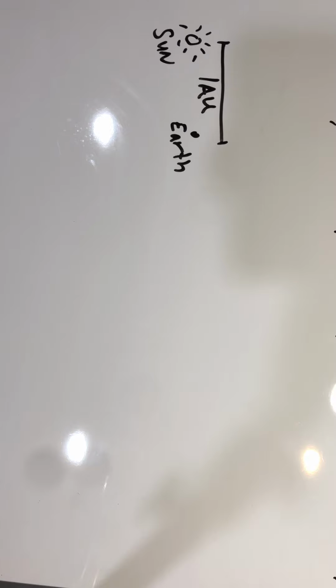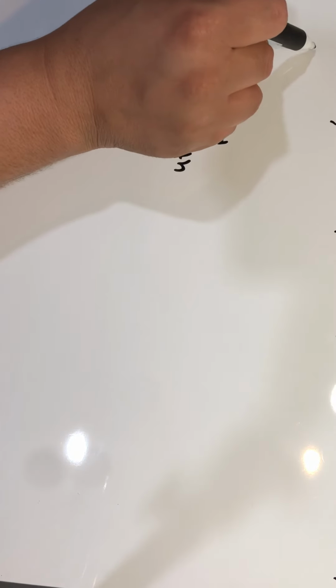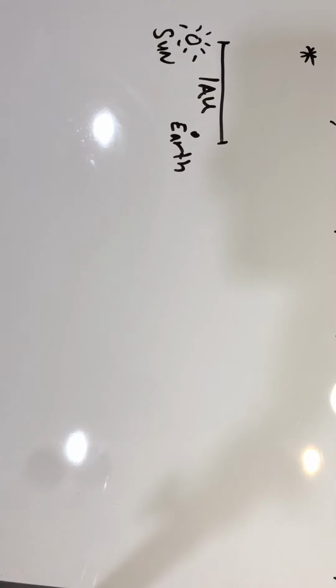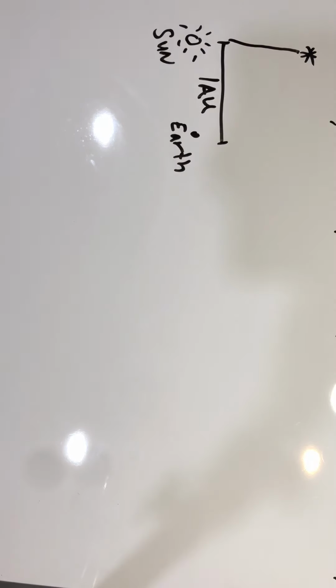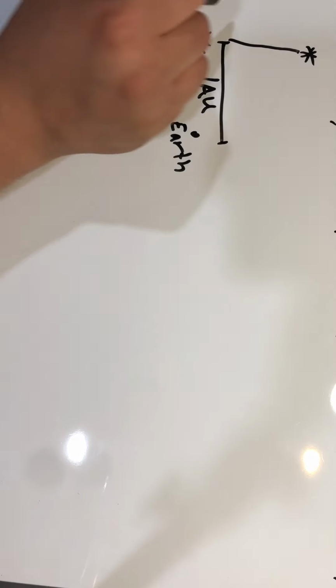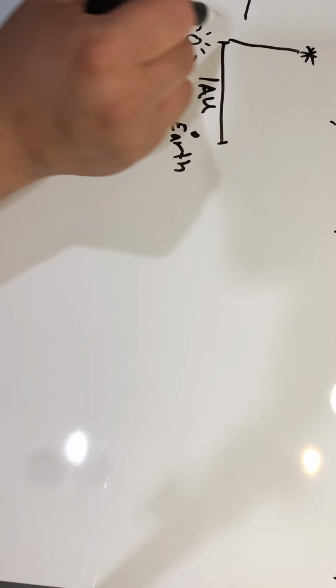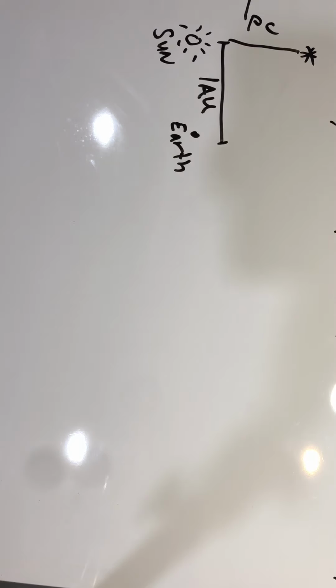Okay, now let's say that there's a star up here. Well, there's a distance between the sun and that star. And that distance is called a parsec, and it's written down as 1 PC, 1 parsec, okay?